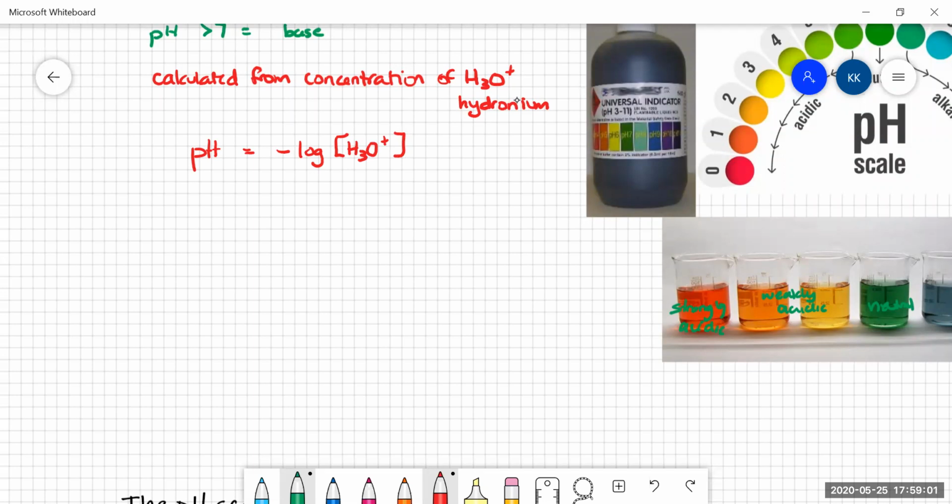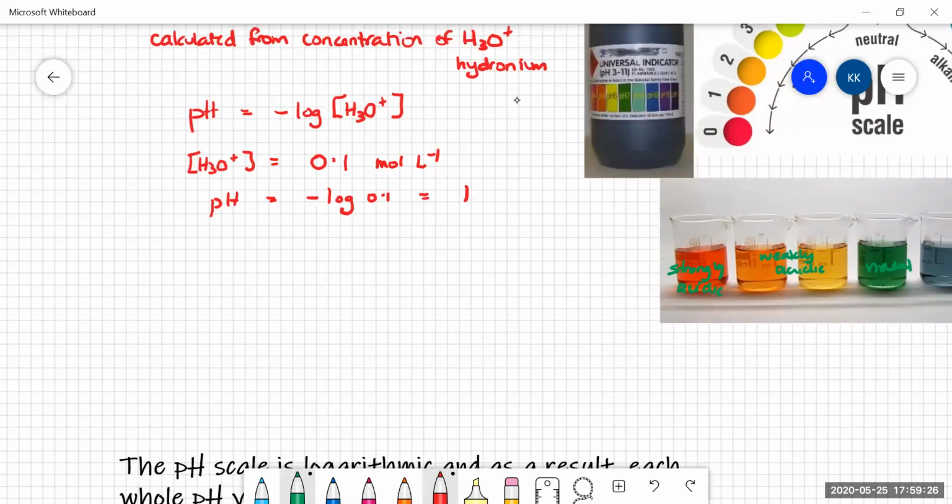So if we had a solution where the concentration of H3O+ was equal to 0.1, that would be in moles per litre, then pH will be minus the log of 0.1, which is 1. Now it's a logarithmic scale, which means something with pH of 2 will be 10 times less acidic than something with pH of 1.